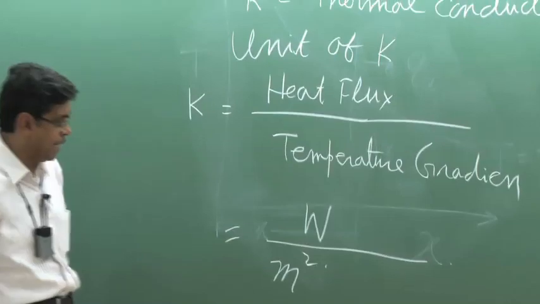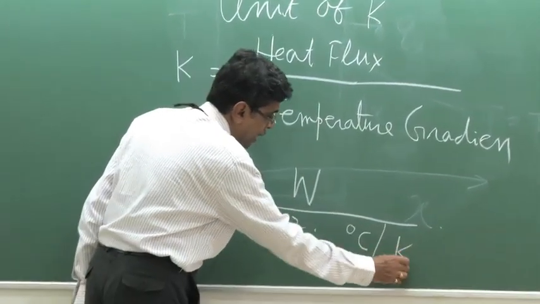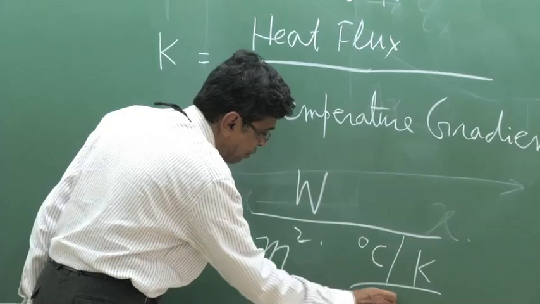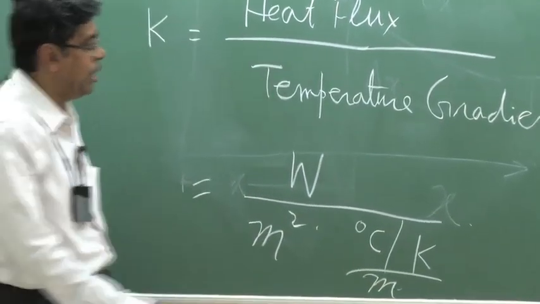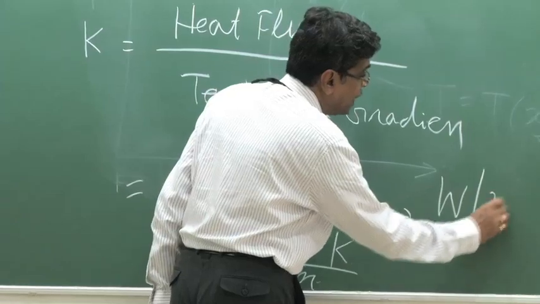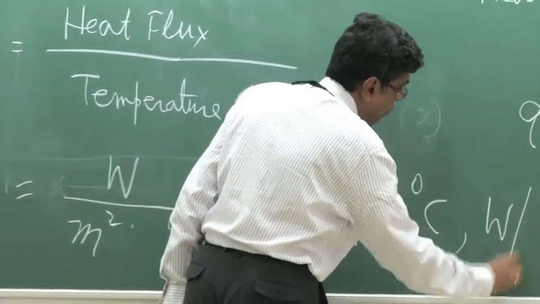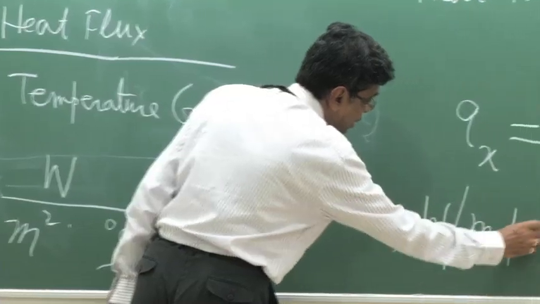And what is temperature gradient? It is degree Celsius or Kelvin, any one of these two, divided by meter. So therefore the unit is watt per meter degree Celsius or watt per meter Kelvin.